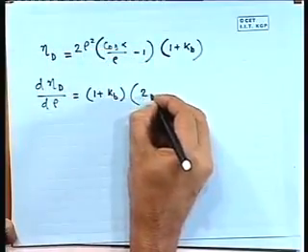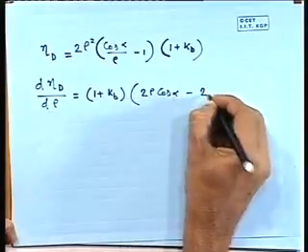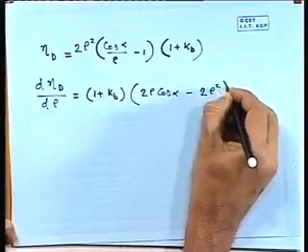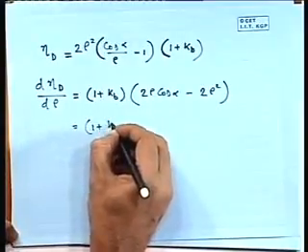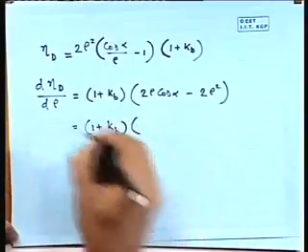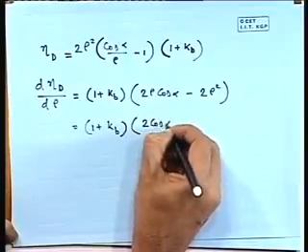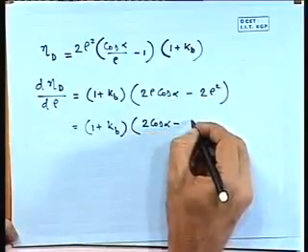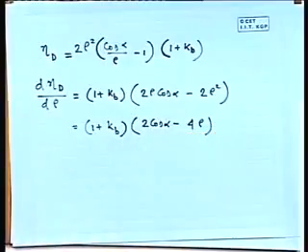So, we will have 2 rho cos of alpha minus 2 rho square. So, this is equal to 1 plus kb, and 2 cos alpha minus 4 rho, and for maximum efficiency this is equal to 0.